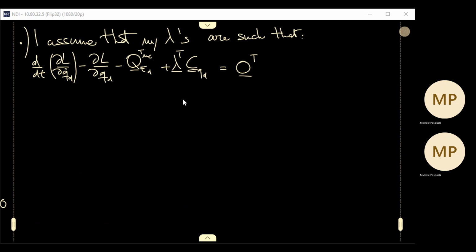So what I'm saying here is that I choose my Lagrange multipliers so that this equation here is satisfied.